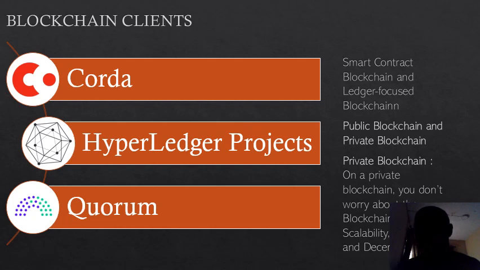Then let's use the Bitcoin blockchain for example, which is a public blockchain. That is just focused on being a ledger kind of a blockchain, because it is P2P, sending money from one person to another. Then we have Ethereum, which is a smart contract kind of blockchain, where you can build your application and put it on the decentralized system or decentralized ledger.